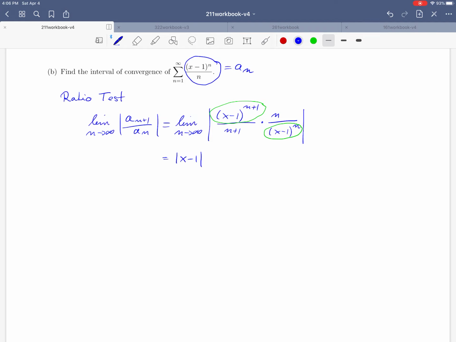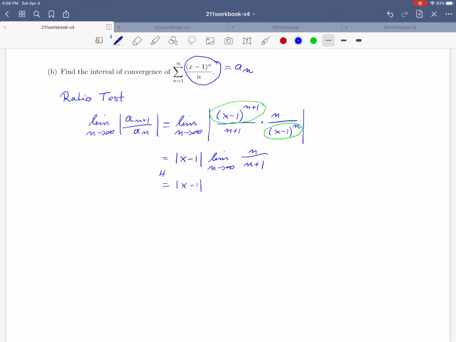So we have the absolute value of x minus 1, and then the limit as n goes to infinity of n over n plus 1. I can drop the absolute value here because n and n plus 1 are always positive anyway. Now, how do we compute a limit like this? One tool that has worked in the past, and that works here, is L'Hopital's rule.